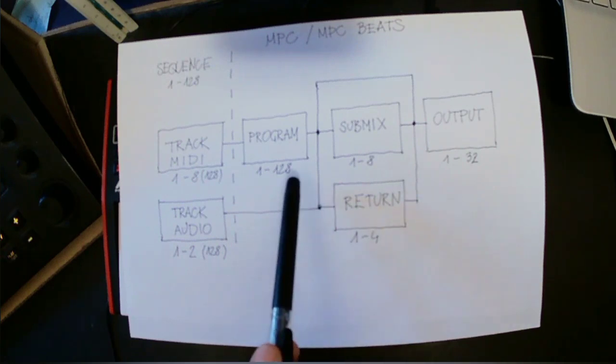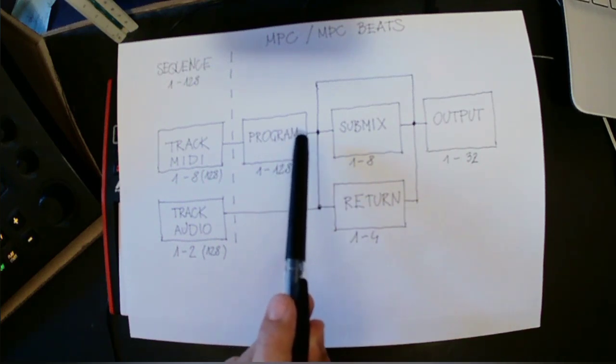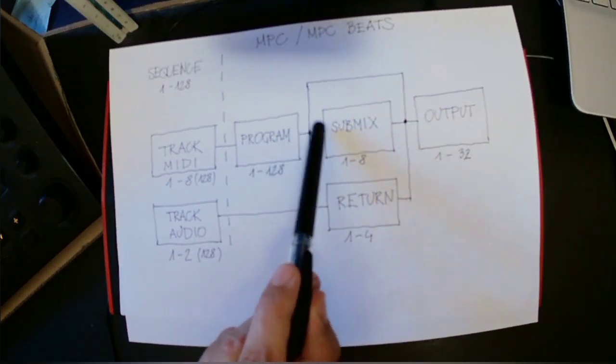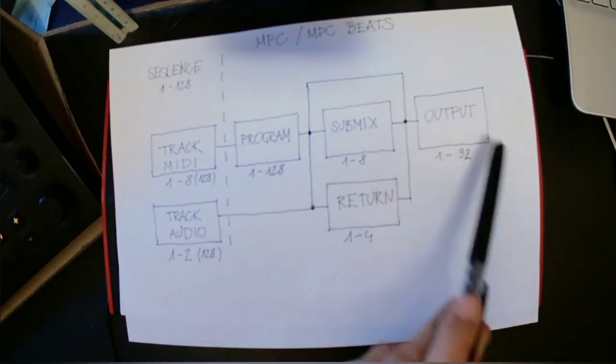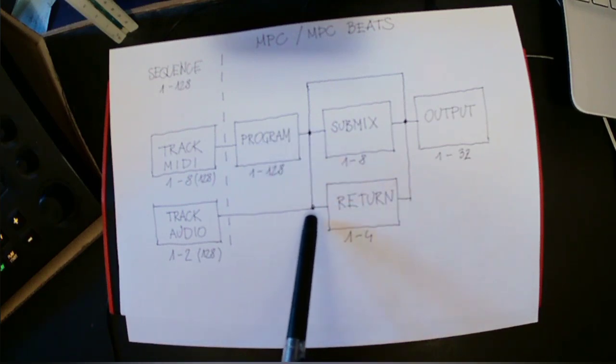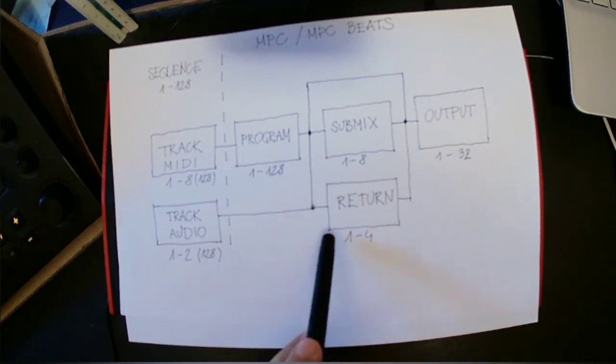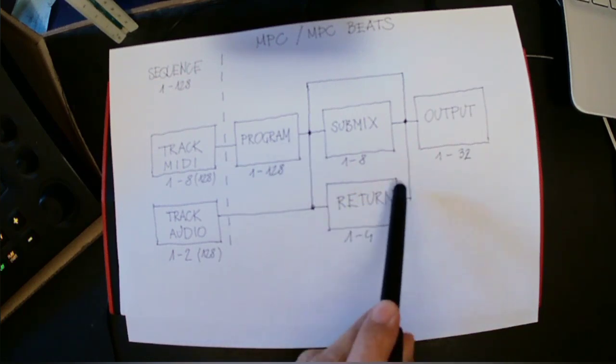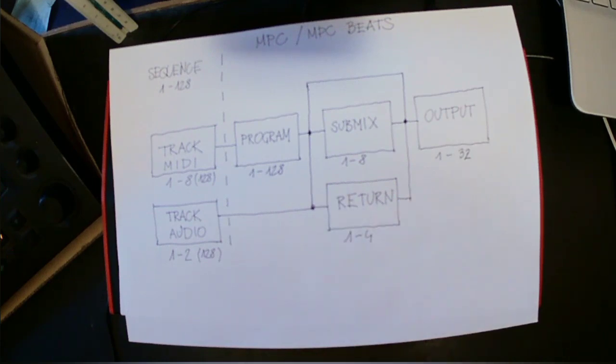Or using return changes your sound in parallel manner, which means that your original sound reaches output, but you can mix in your sound changed by return effects. Using this, at the output, you will get mixed, changed and unchanged signal.